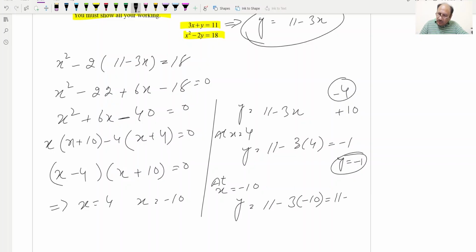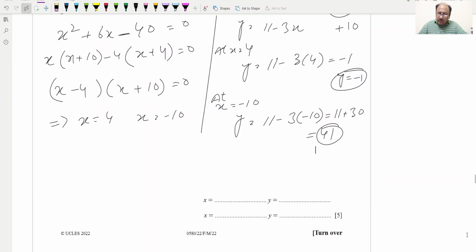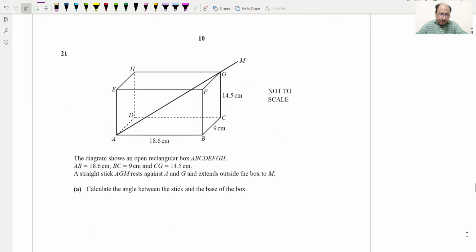So this will be 11 plus 30, so this will be 41. So we got one value. We can write here values when x is equal to minus 10, y is equal to 41, and when x is equal to 4, y is equal to minus 1, and this is 5 mark question which we have done.